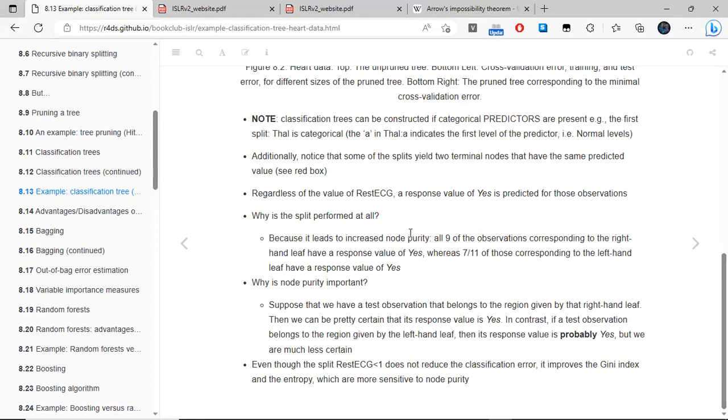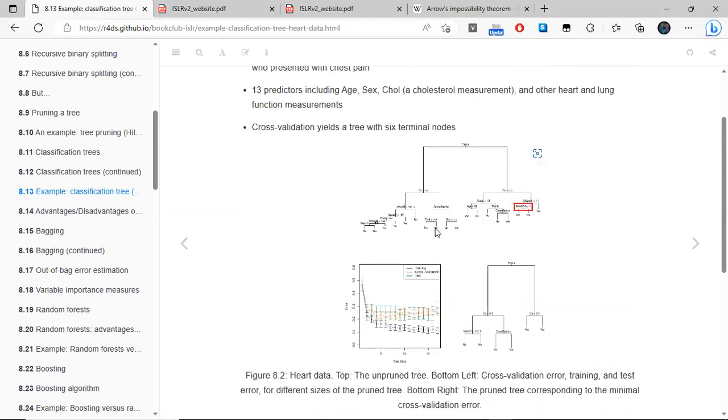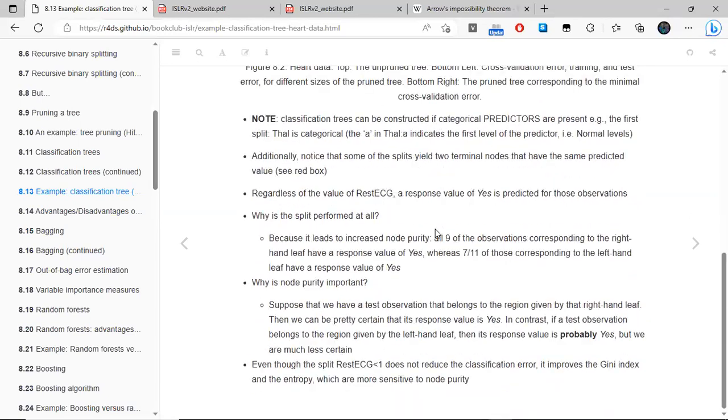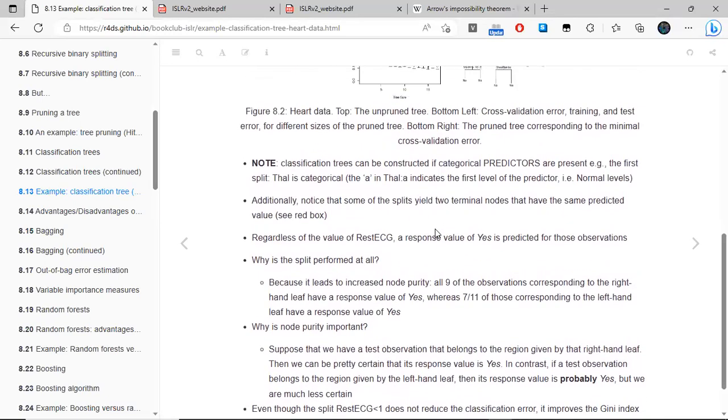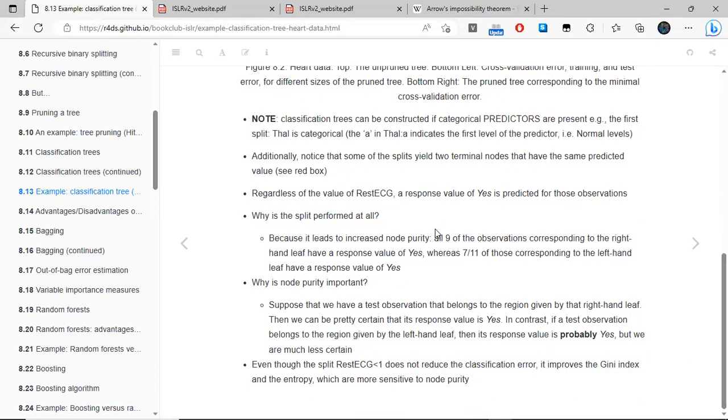However, for the other one, I believe it was only 7 out of 11 observations that had a class of no. Because not all of the observations have the same class, our prediction has a lower confidence.